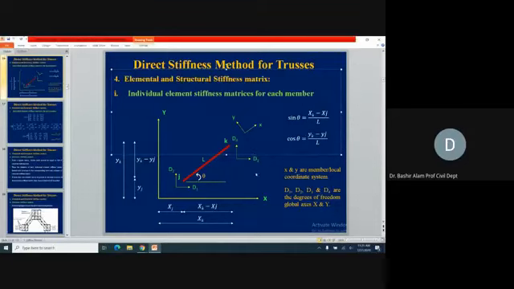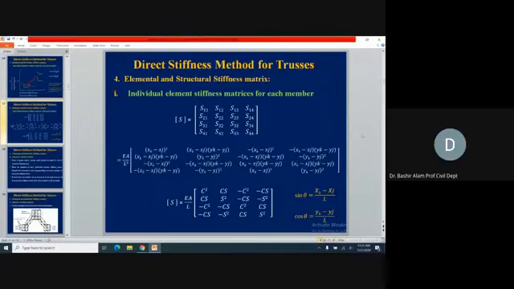Already you know this: cos theta is equal to xk minus xj divided by L, and sin theta is equal to yk minus yj divided by L. So this was the definition of theta in terms of the coordinates. L was the length of the member. Then we developed a relation, and the relation was this one.